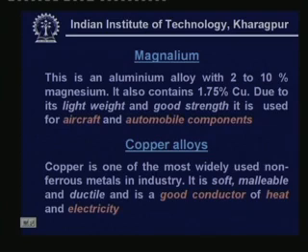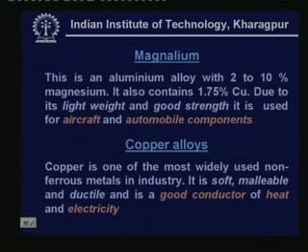It is soft, malleable and ductile and is a good conductor of heat and electricity. So whenever you have any machine element designed for electrical and heat applications, you will find copper alloys present there.